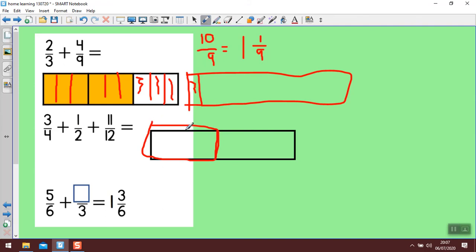If I split halves into half again, I'm going to get quarters. But now I've got 4 equal pieces. And I want 3/4. I'm going to have 3 of those pieces. But look, I now need to add 11/12. I need to split these quarters into 3 pieces each. And that will give me 12 pieces altogether.